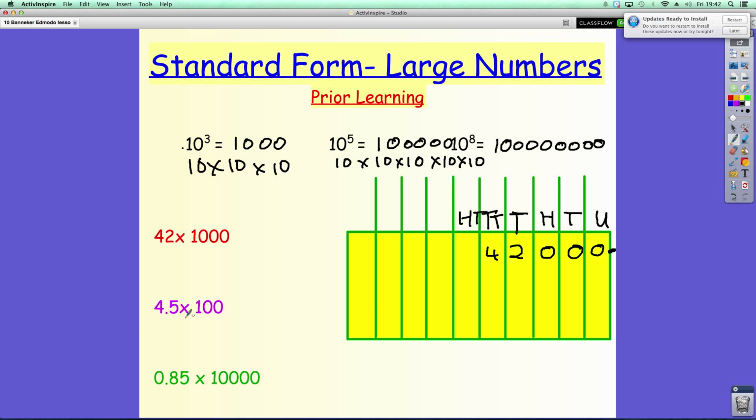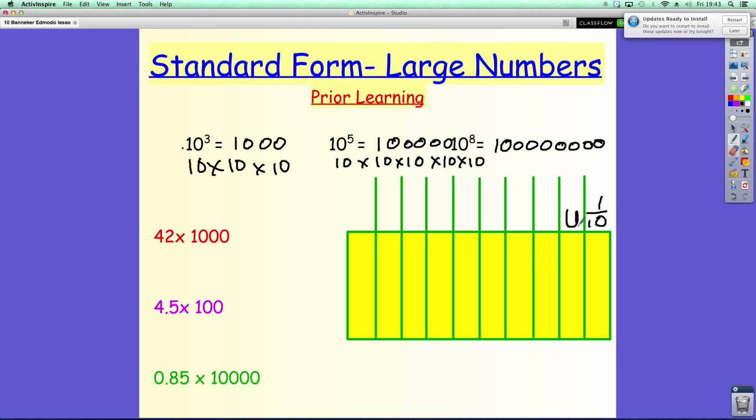If we follow that same example with 4.5 times 100, I will need to remove my place value headings because they're not in the right place. We'll get rid of that 42,000 as well. And we start here with tenths. I'll just write it like that as a fraction, so it's tenths.